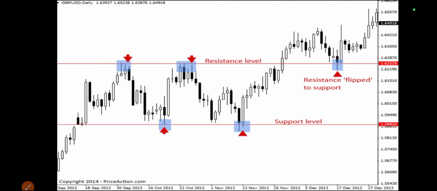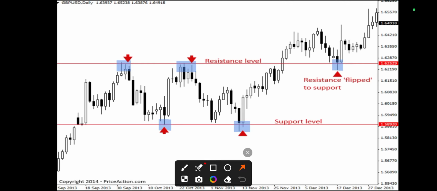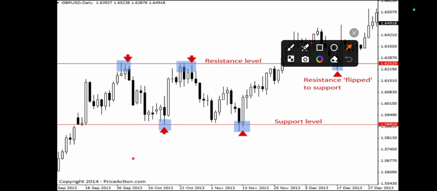A particular line, you see multiple rejection there. You can see multiple rejection from this zone. This shows that there is a support here. While on the resistance part, you can see multiple rejection on this zone. This shows that there is a resistance there.